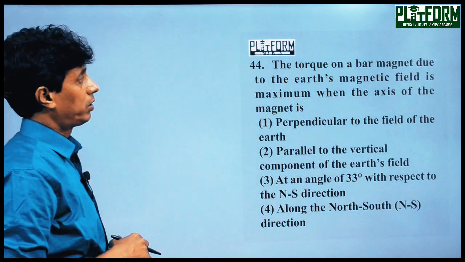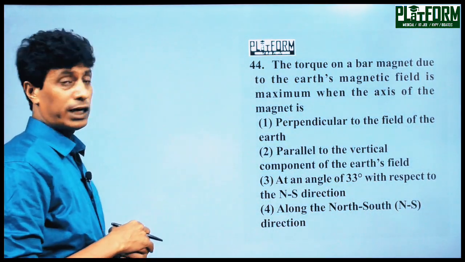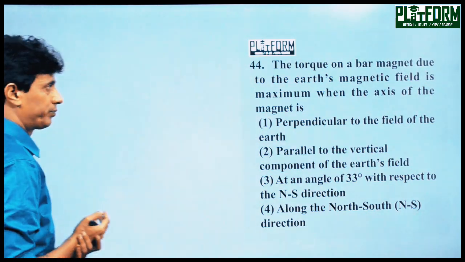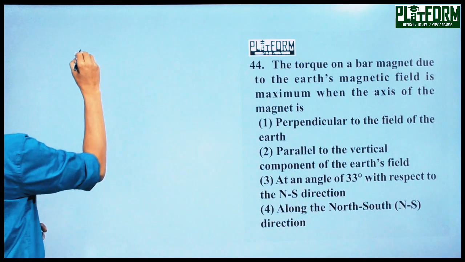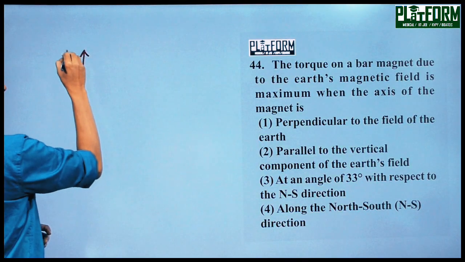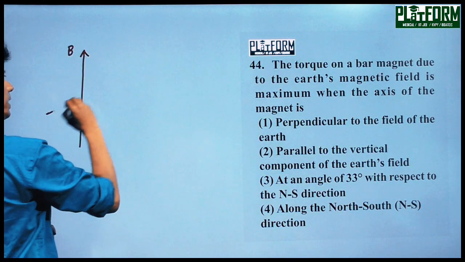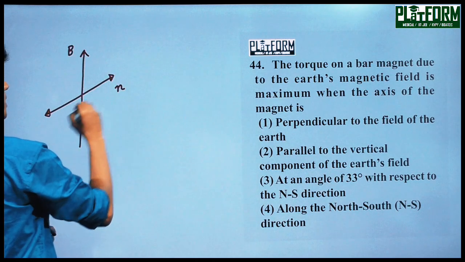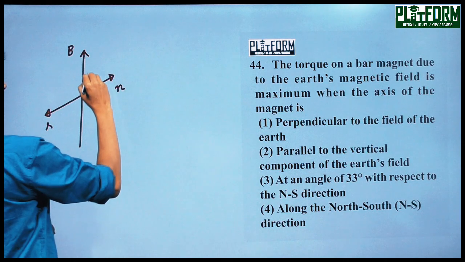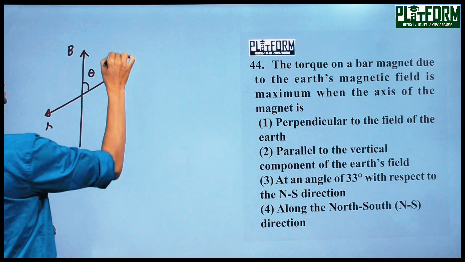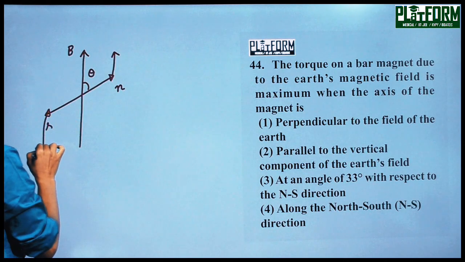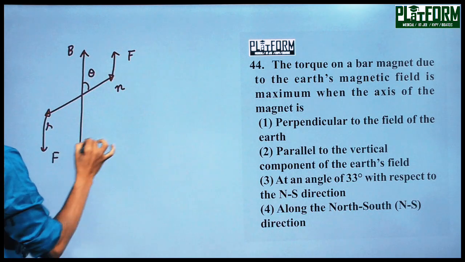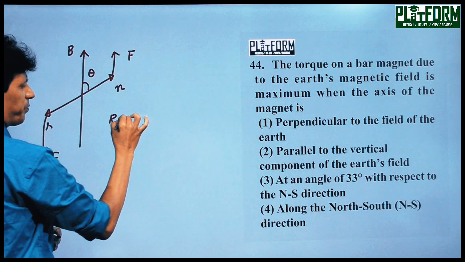The torque on a bar magnet due to the earth's magnetic field is maximum when the axis of magnet is. We know in any magnetic field, if a magnetic needle is placed at an angle theta, then there is a restoring torque.